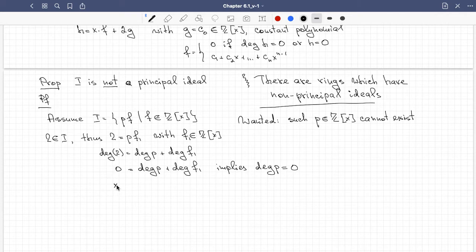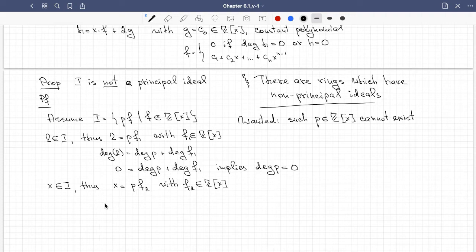Also, we can write x. X is also an element of I. Thus, it must be that x is p times f2 with some polynomial f2 with integral coefficients. Again, I take degrees.